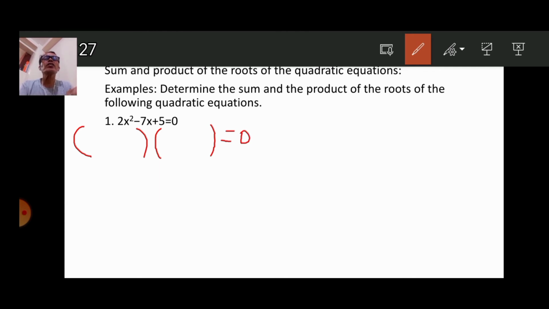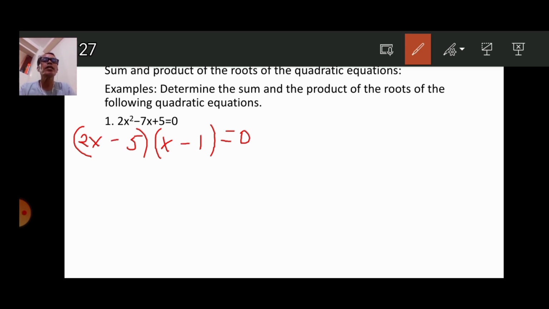The factors of 2x squared are 2x times x. And the factors of 5 are 5 times 1. Since the middle term is negative and the last term is positive, the signs of the factors of 5 must both be negative.